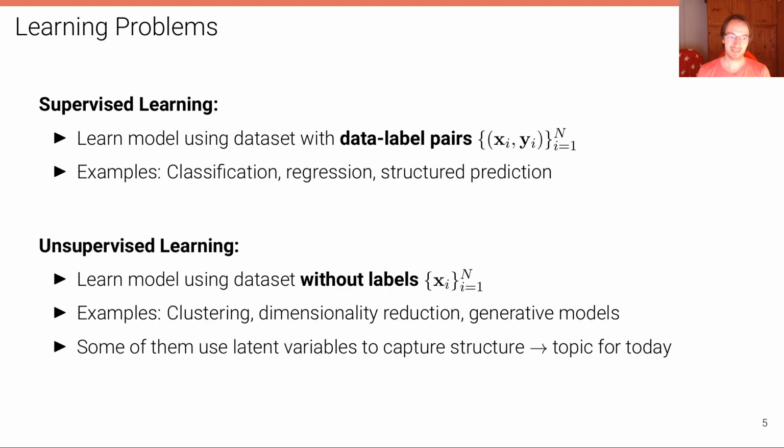In unsupervised learning, in contrast, we learn a model using a data set without labels. So we're just given xi, n times, or n elements. We have just a set of images or a set of audio signals or a large text corpora.